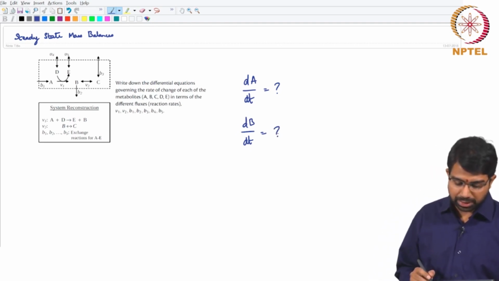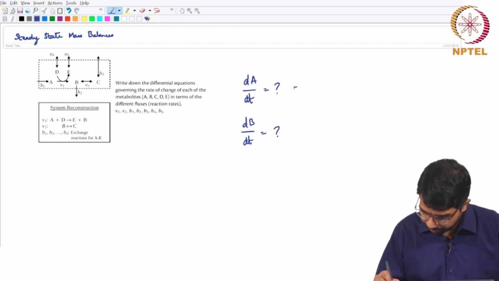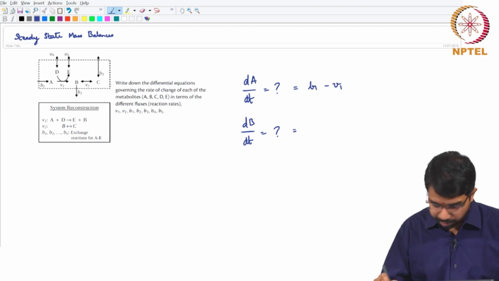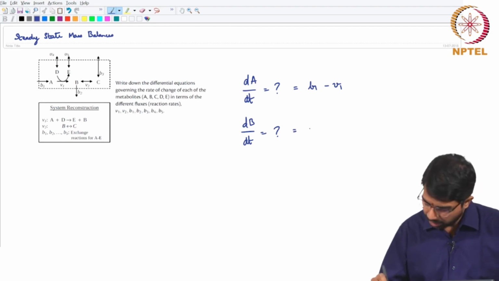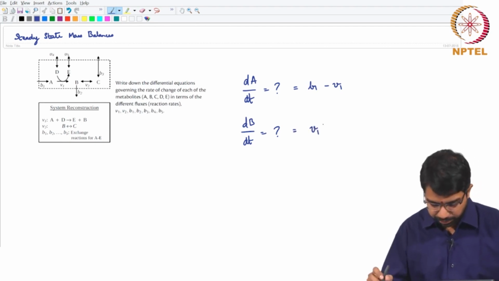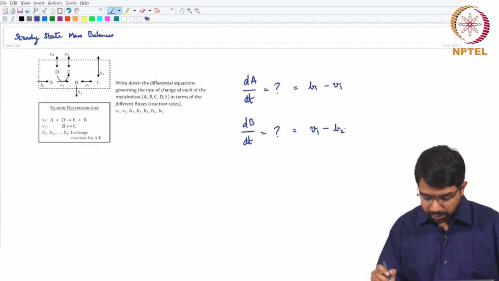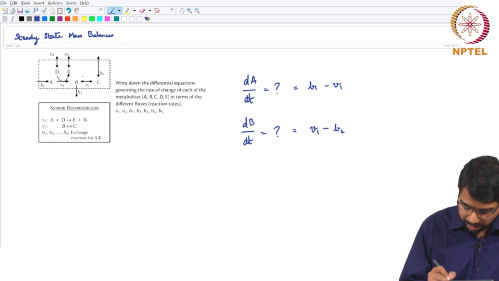You may be able to say that dA by dt will be B1 minus V1, dB by dt would be V1 which brings in B minus B2 which takes out B, and you may have to commit to a particular angle here.